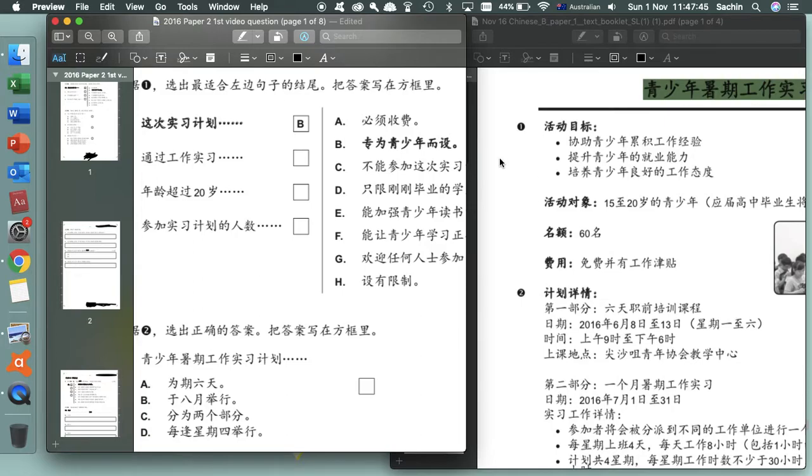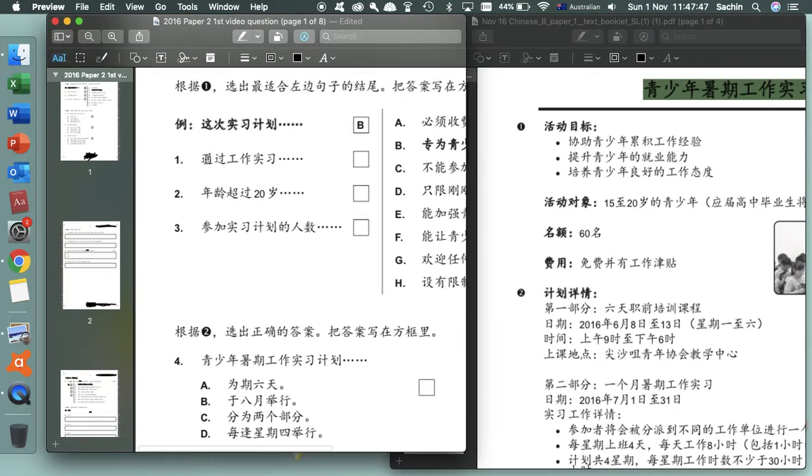The first question we have is 通过工作实习, or what is the path the work experience is trying to lead young people on.